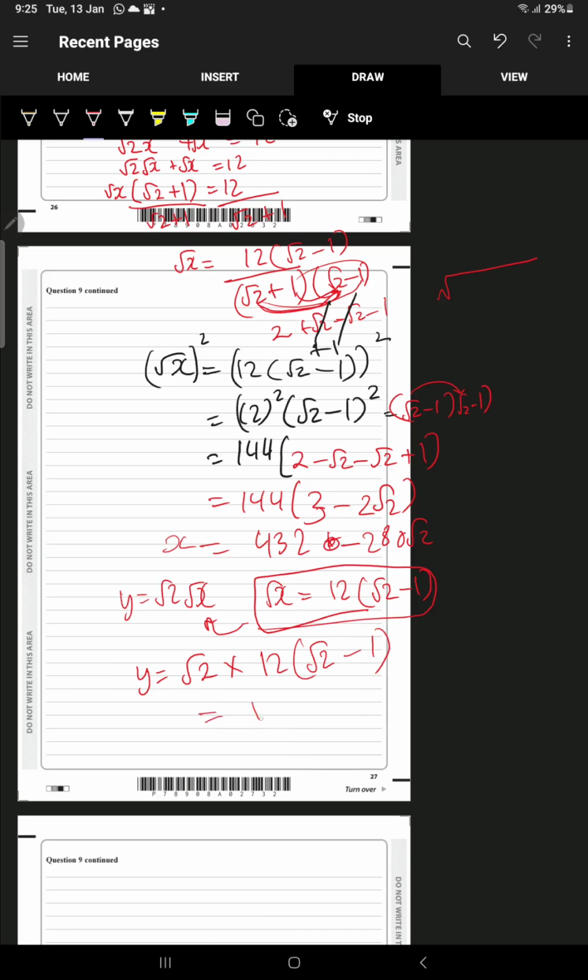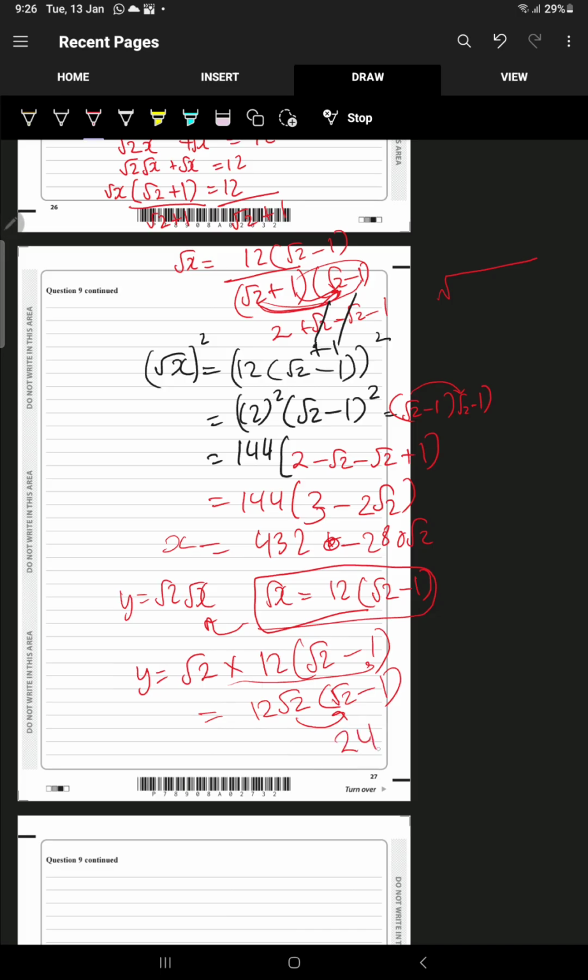I didn't expand the 12 root 2 times minus 1. I forgot to do that. So 12 root 2 times root 2 is going to be 24 minus 12 root 2, and that is going to be the y coordinate.